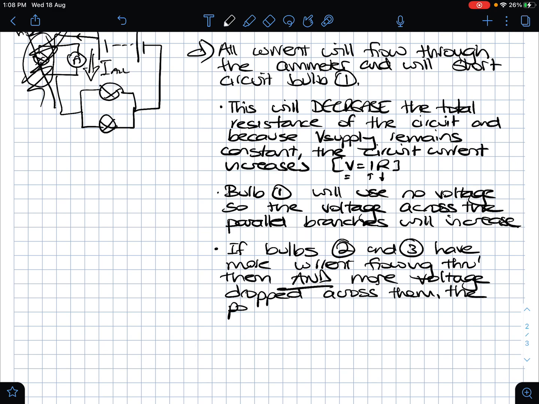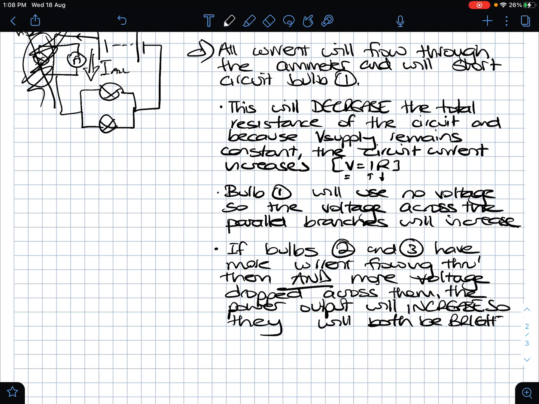The power output will increase. That's your RIP. So they will both be brighter. And that's also for a second excellence.